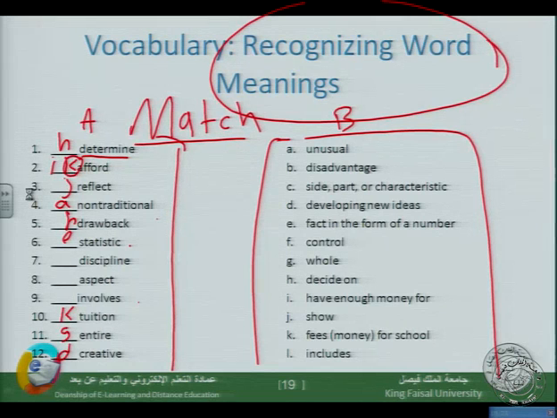You can do the rest of these by yourself. But just pay attention to effort and tuition. Here, effort means I have enough money for that, and tuition means fees, meaning university fees.